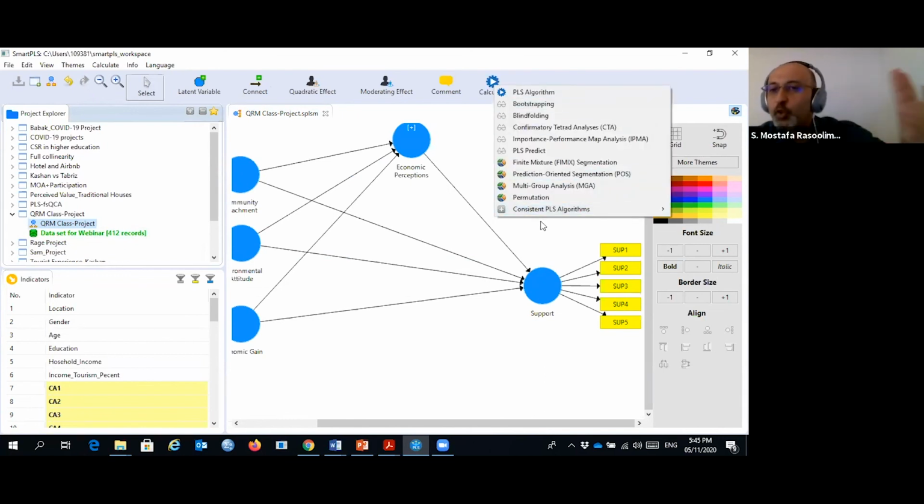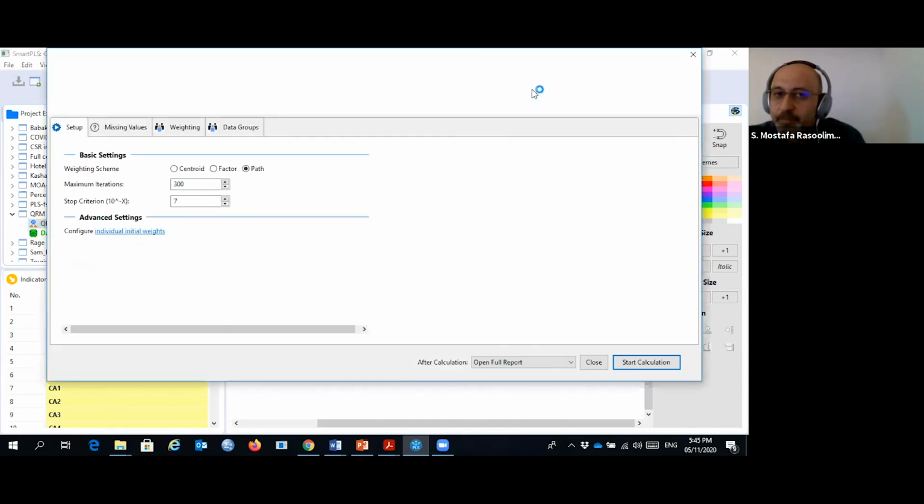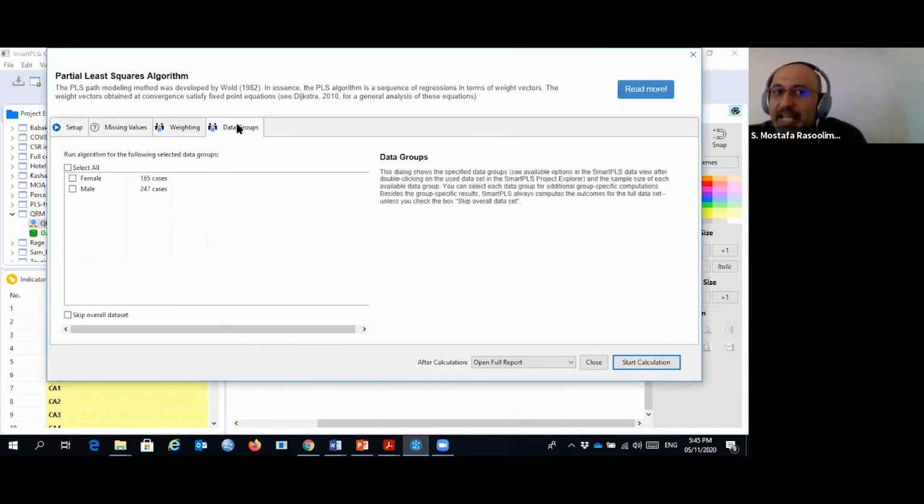Before going to multi-group analysis, I just want to show you, if we perform the PLS algorithm, the original analysis of PLS, you can choose the groups that you have under data groups.